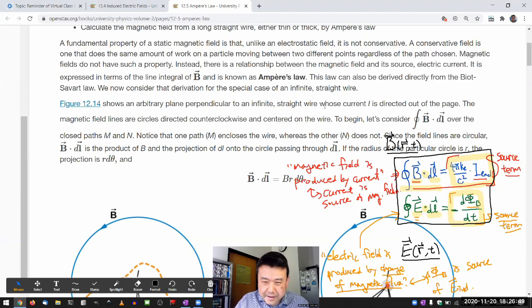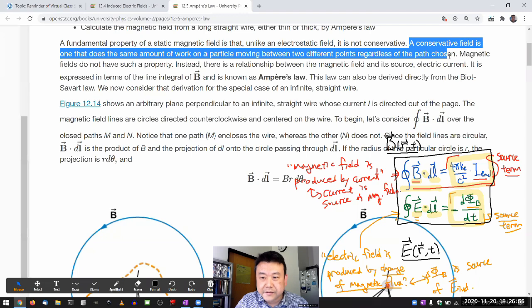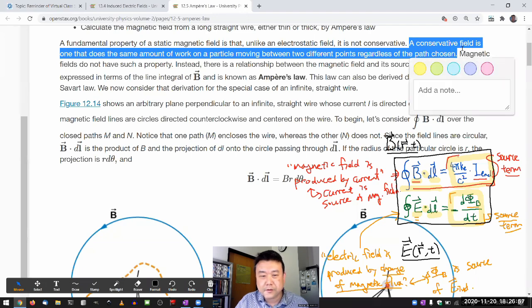Now, what they say a little bit later is not quite right. A conservative field is the one that does the same amount of work on a particle moving between two different points, regardless of the path chosen. What they should really say is that a conservative vector field, as in, we are talking about a mathematical quantity.